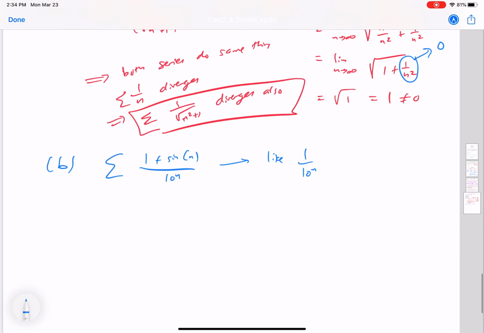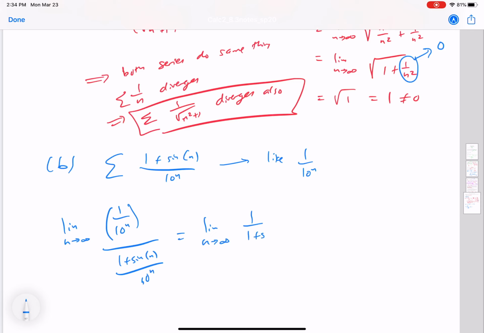So let's do our limit comparison test. And we want to take the limit as n goes to infinity of 1 over 10 to the n divided by 1 plus sine of n over 10 to the n. Again, we multiply by the reciprocal, the 10 to the n's cancel out, and I get the limit as n goes to infinity of 1 over 1 plus sine of n.